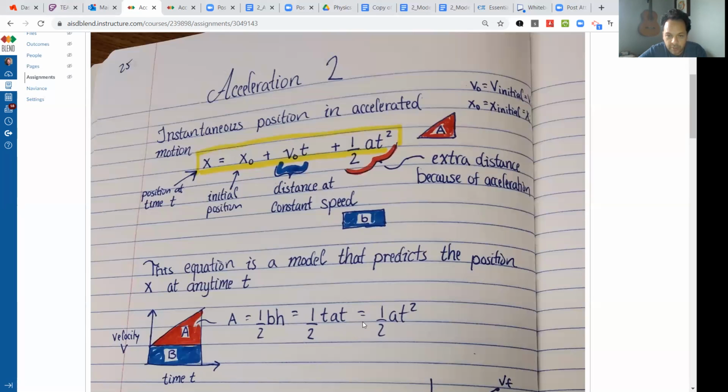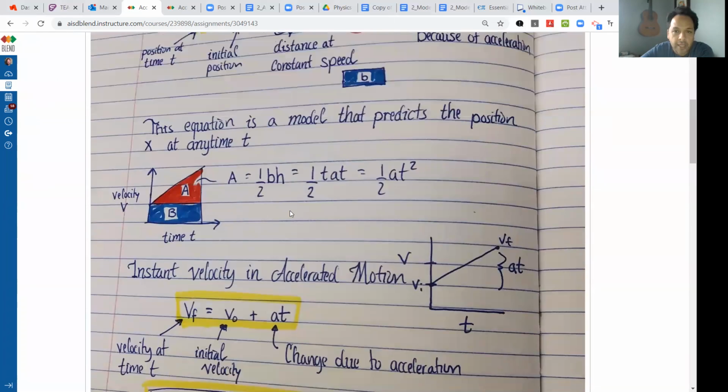So then we put those together, and we get that formula, 1/2 at squared. So that's where it comes from. So that's how we came up with this formula. I think that's a really cool visualization of how we got an equation from the graph.